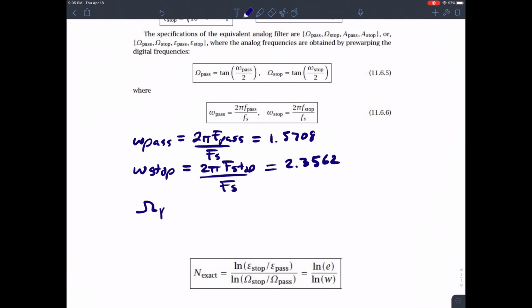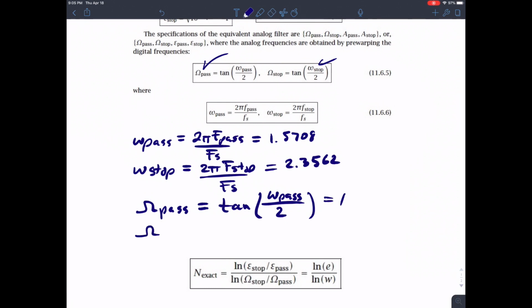So omega pass, according to the formula, we pre-warp, because you're going to use the bilinear transformation. That means taking the tangent of the omega pass that we calculated, divided by 2. I get that number to be 1.